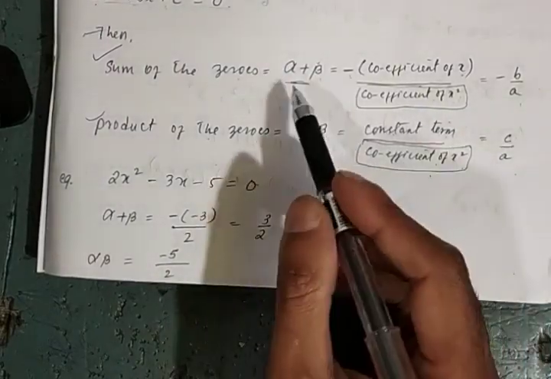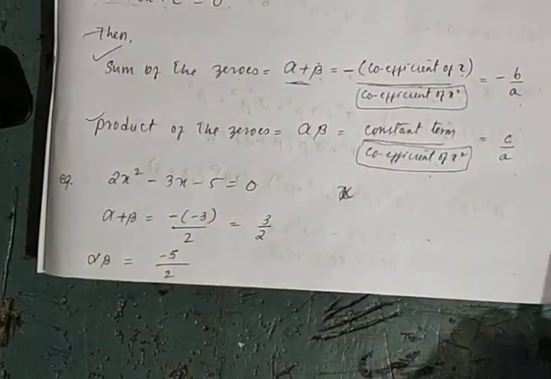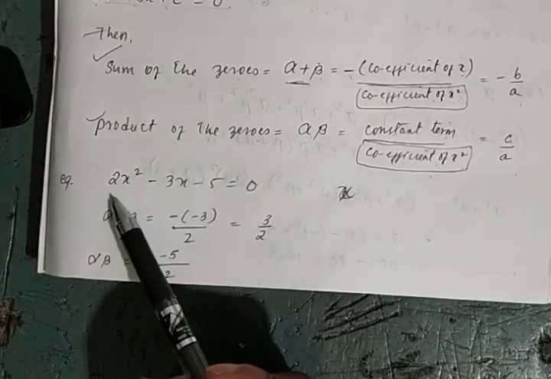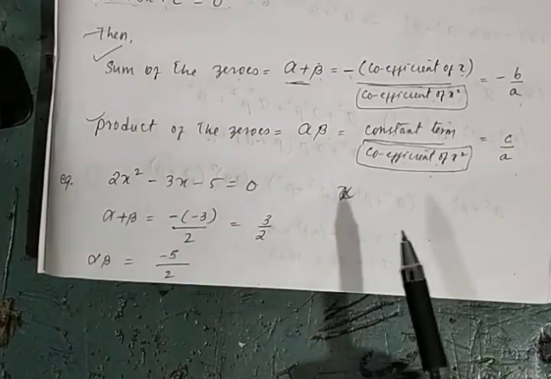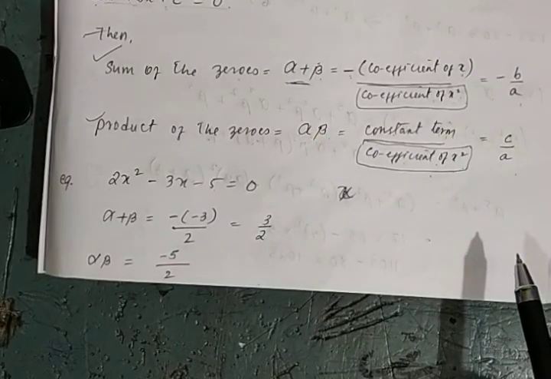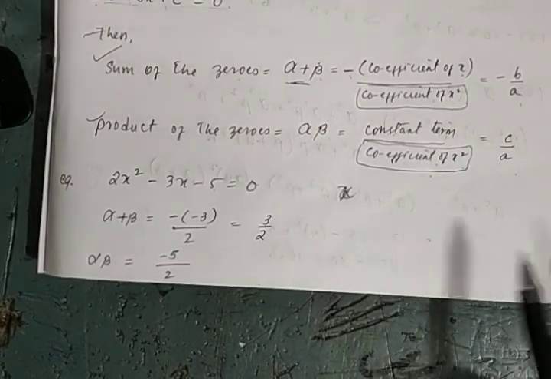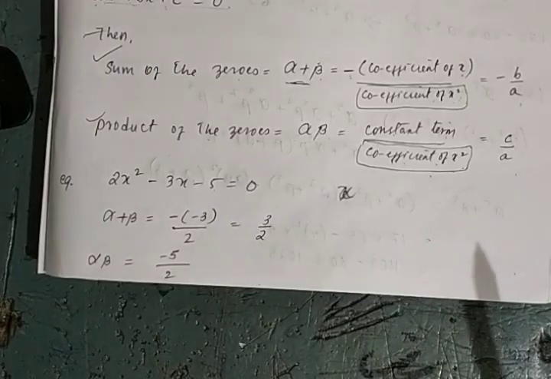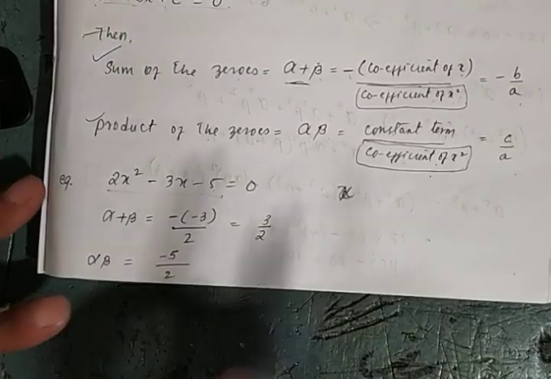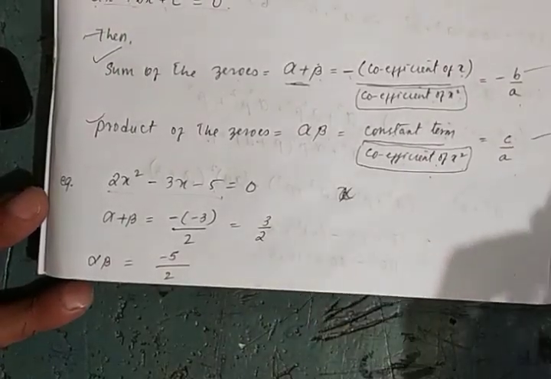Otherwise, if I ask you to find the sum of the zeros, first of all you have to calculate the zeros. You have to split the middle term or use the quadratic formula and find the zeros, which means the values of x, and then find the sum, and then find the product. But by looking at the question, we can find the sum and product very easily by using these two formulas.